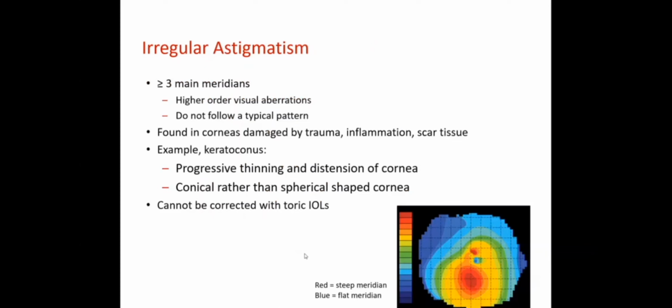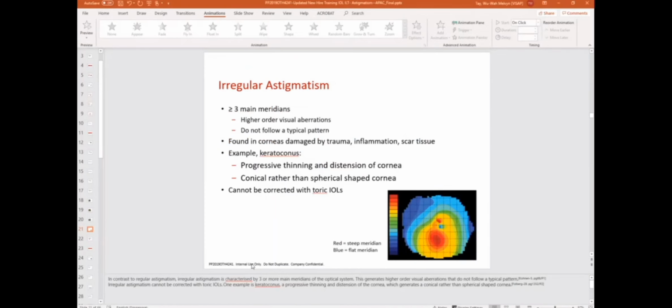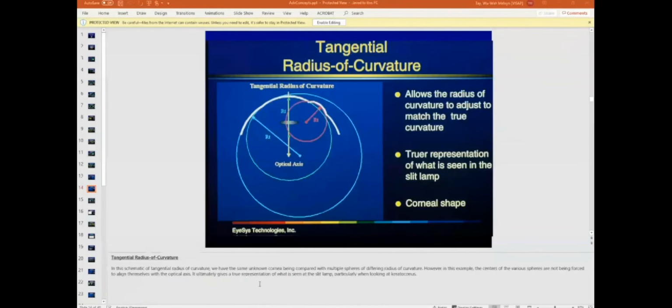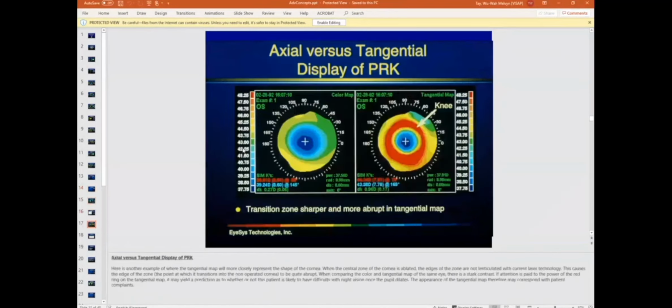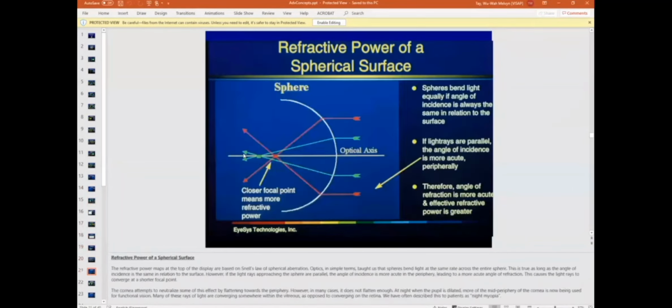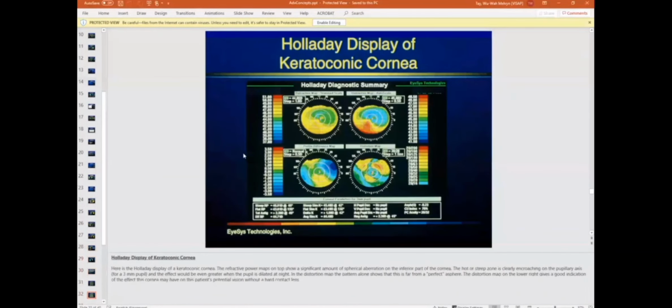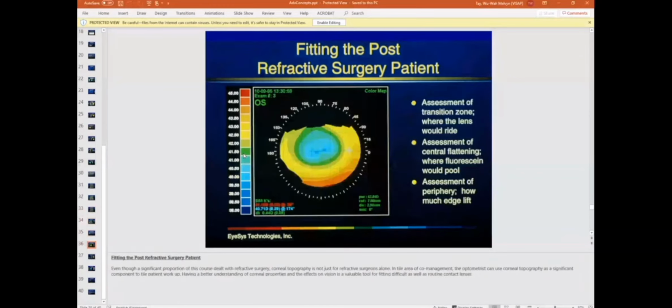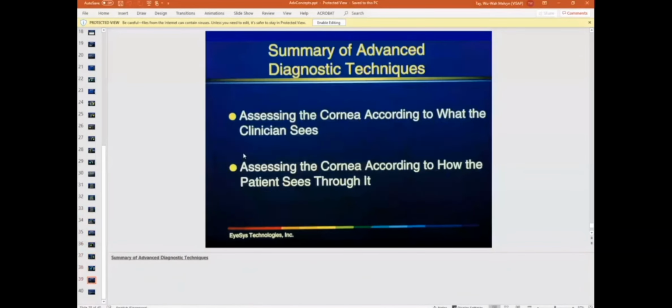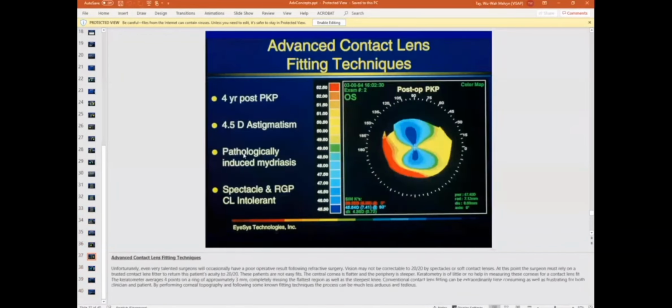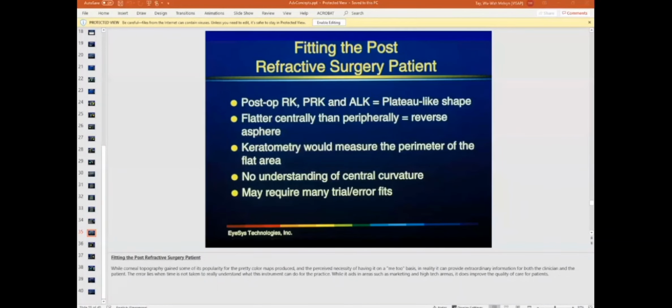There are other types of irregular astigmatism. It's not shown here, but I can give you some other examples.